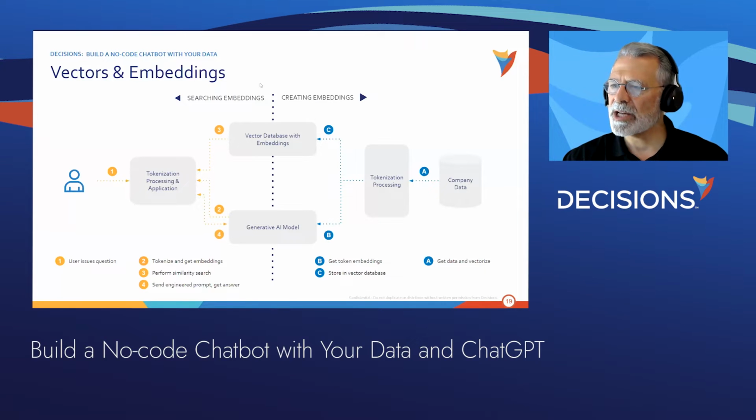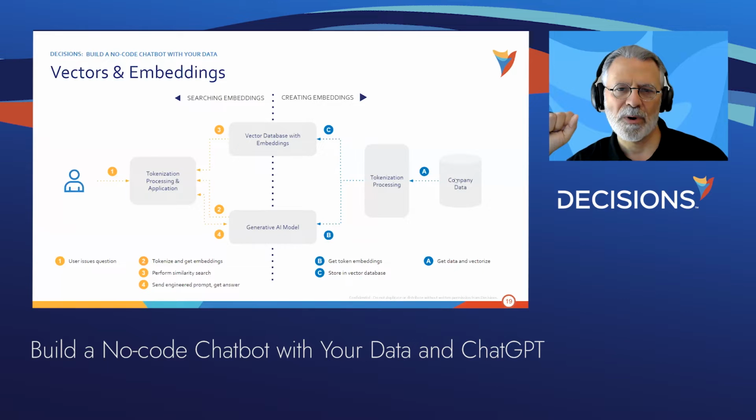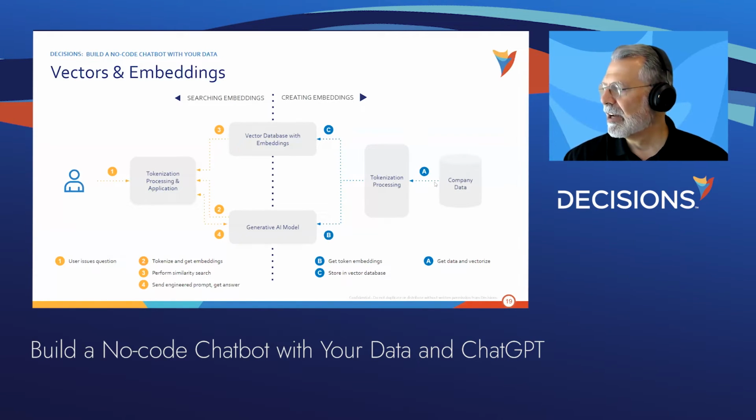So here's a bit more explanation of what we're about to walk through, right? So there's 2 processes here. On the right-hand side, what we're doing is we're taking company data, and the example that we're going to show you is a field in Salesforce that we have that describes a particular use case for a customer. Some customers have 1, some customers have 45, but we have some use case data.